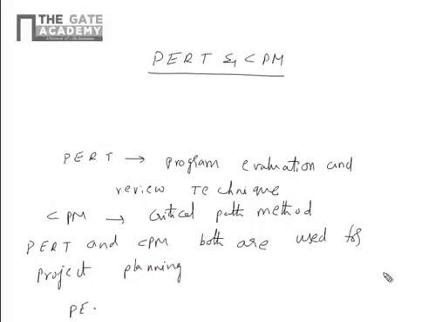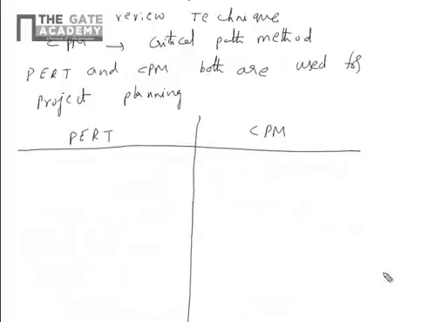What is the difference between PERT and CPM? PERT is probabilistic. CPM is deterministic.